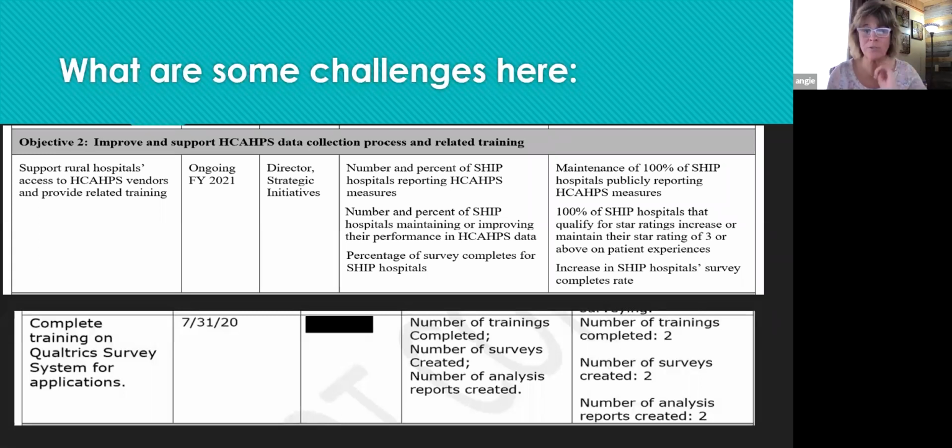And when we look at Qualtrics, it is a huge system. They have a lot of data, real-time data, to really enhance what we can do in this realm. And again, looking at number of surveys created, well, you can survey people to death. If you have too many surveys, they're not going to fill out any single one of them. What was the value of that survey? Did we do it for patient experience? Did we do it for swing bed experience, outpatient?